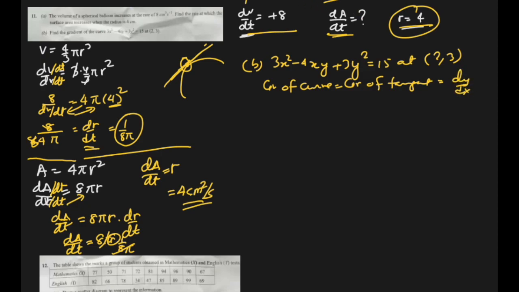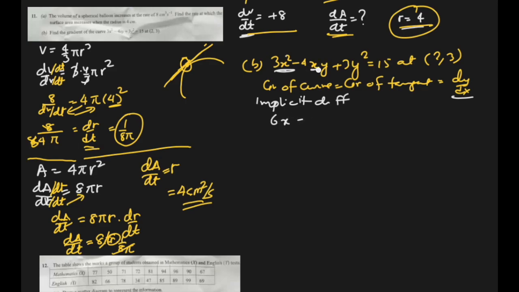So not directly but indirectly they're asking you to differentiate the equation of the curve with respect to x. But the problem is there is no y equal to something. It is 3x squared and 3y squared, so we will use implicit differentiation in this case with respect to x. So 3x squared will be normally differentiated just like we did here. 2 times 3 is 6, the exponent goes down by 1.